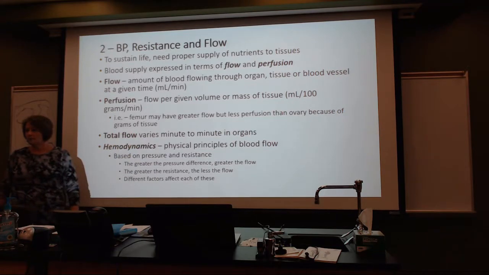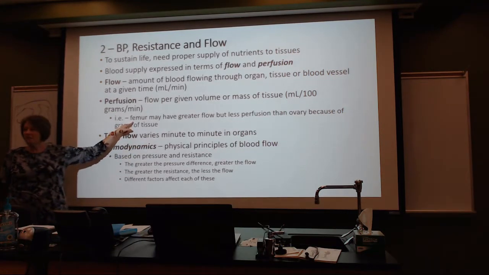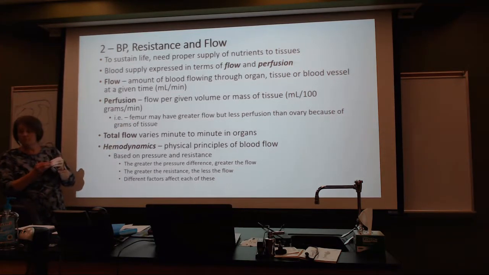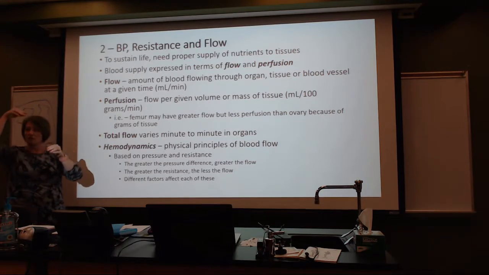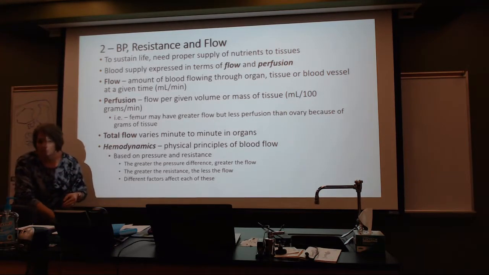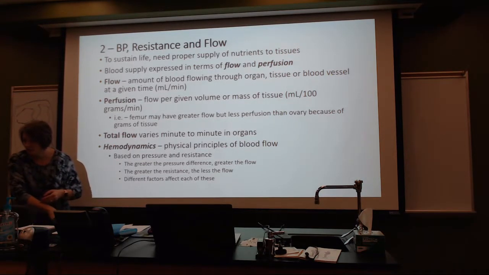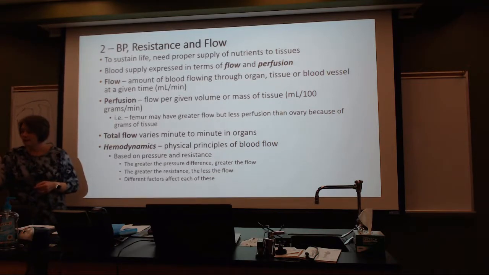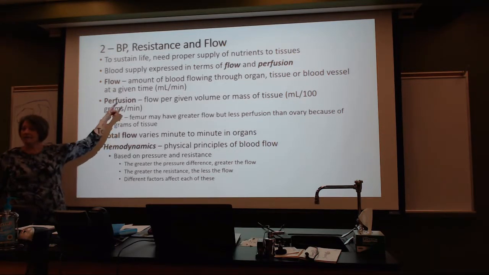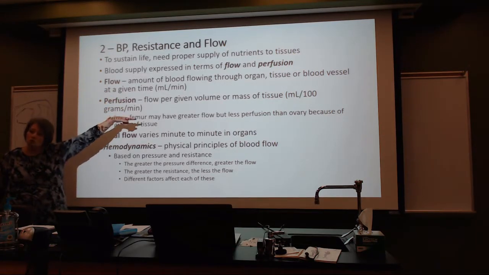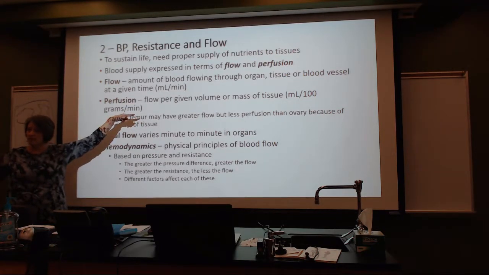The ovary, very tiny organ. My femur most likely has a greater flow of blood coming into it. But per 100 grams, not great perfusion. Does that make sense? Okay.